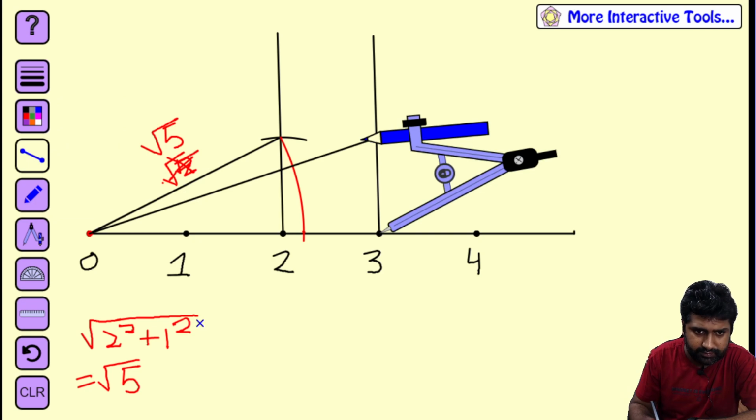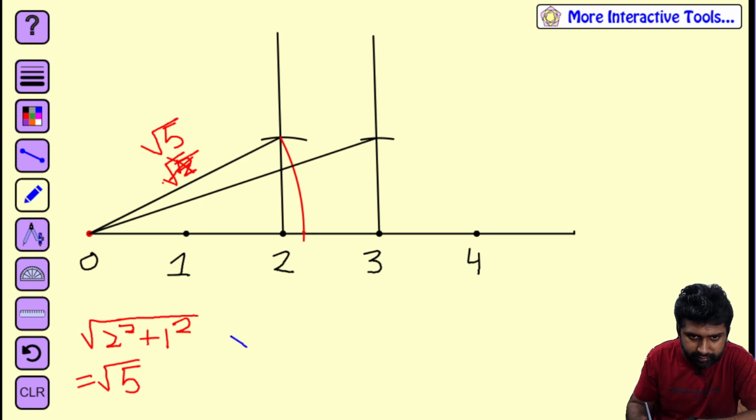now if you apply Pythagoras, you'll know what value you are going to get. Let's see. If you apply Pythagoras on this new right angle triangle that we have created, your base is 3, so 3 square plus 1 square.